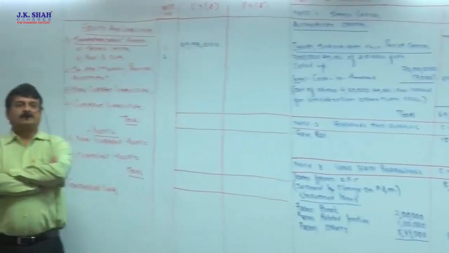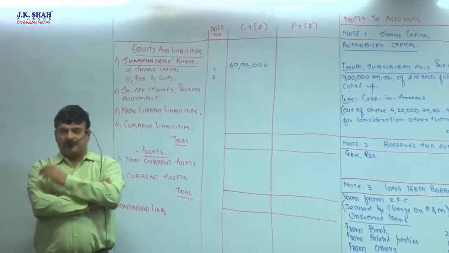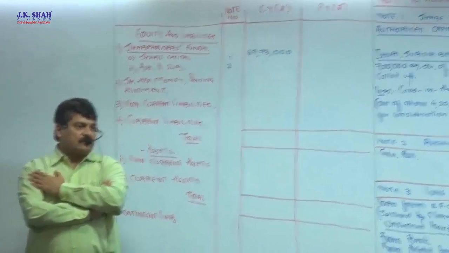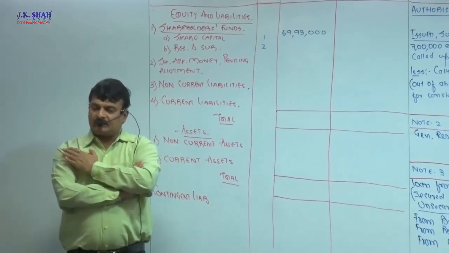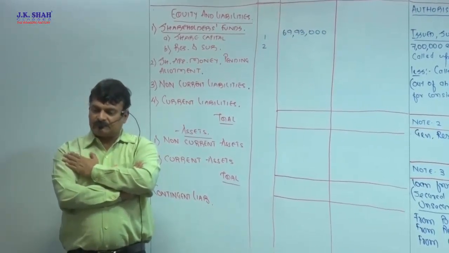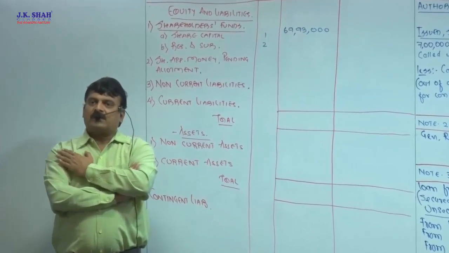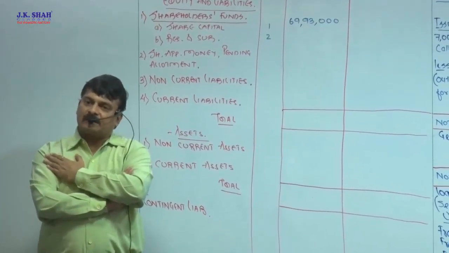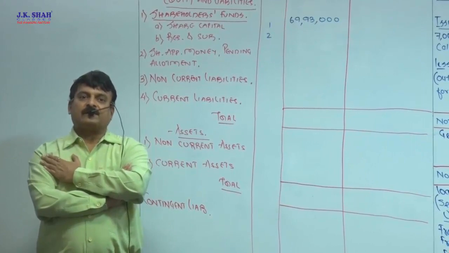Got it, everyone? Is your balance sheet tallying? Surely. Tell me, at what figure? 1 crore 33 lakhs 56,000.